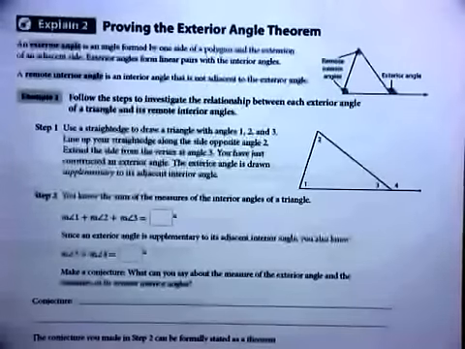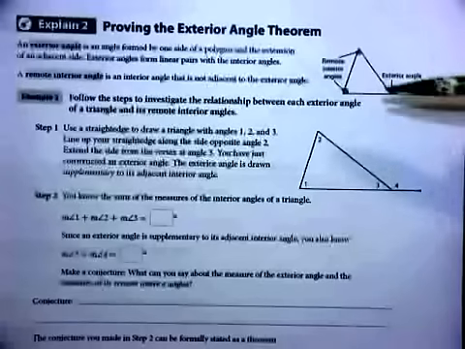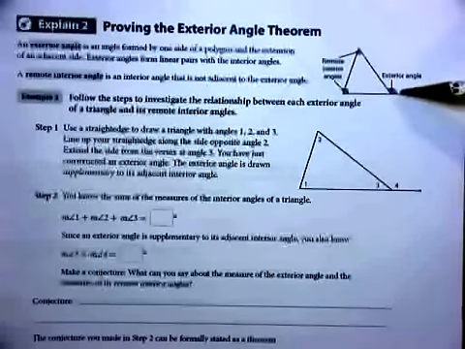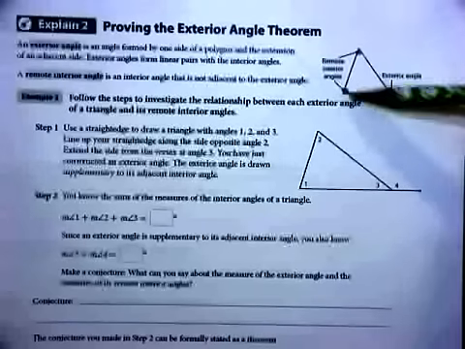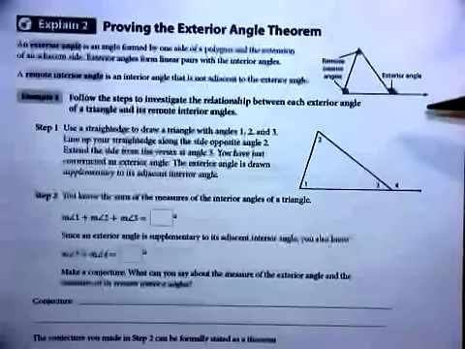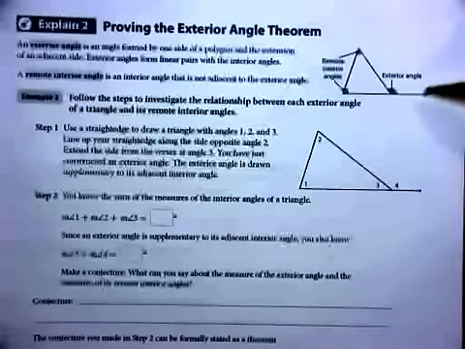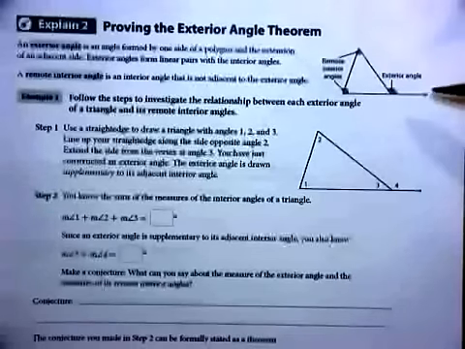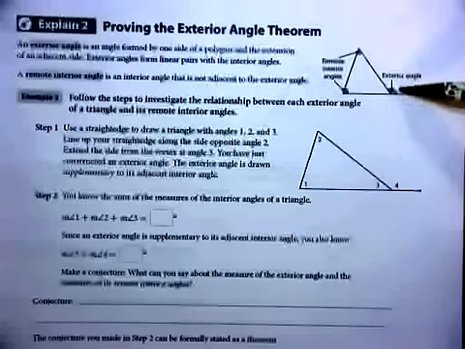Now we're coming back to specifically looking at triangles, and a little bit of vocabulary with triangles is that an exterior angle is formed when I extend a side of a polygon. So other kinds of polygons can have exterior angles and will have exterior angles. In this lesson, we're specifically focusing on the exterior angles of a triangle.